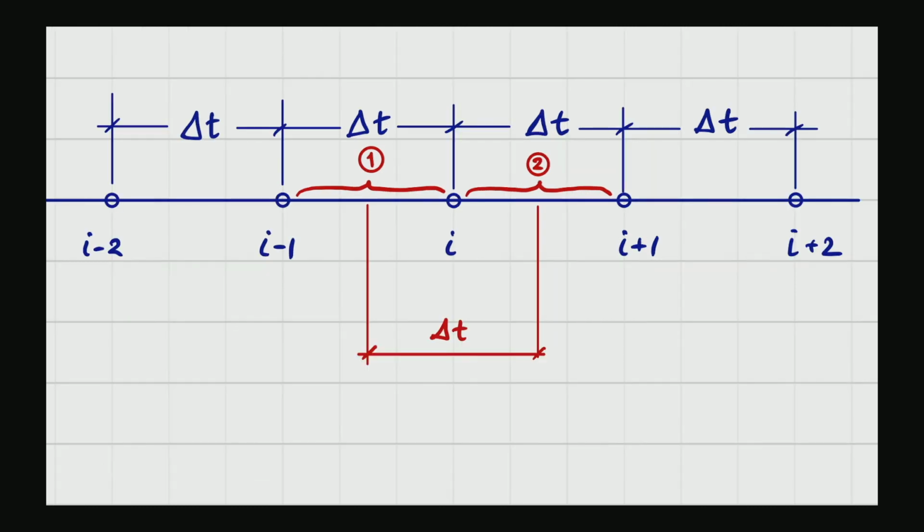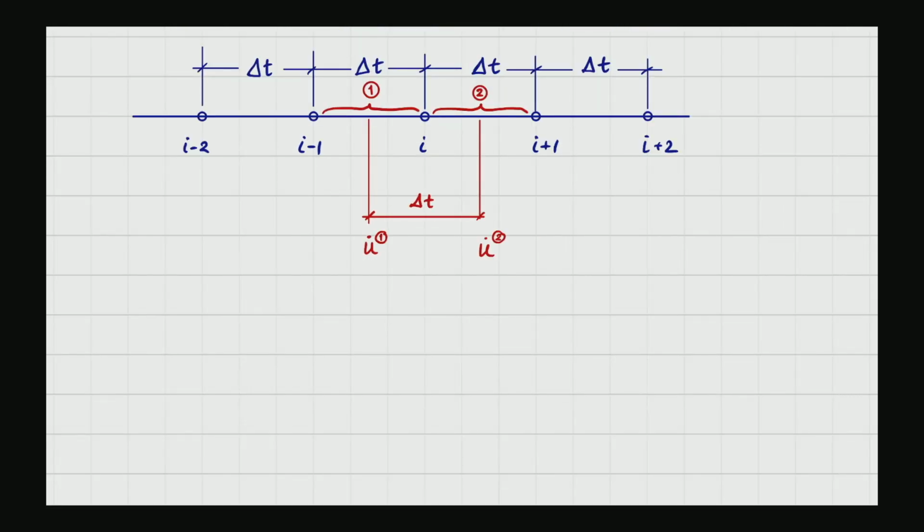The velocity at the center of step number 1 is going to be given by u dot 1. Likewise, the u dot 2. They are 1 delta t apart.